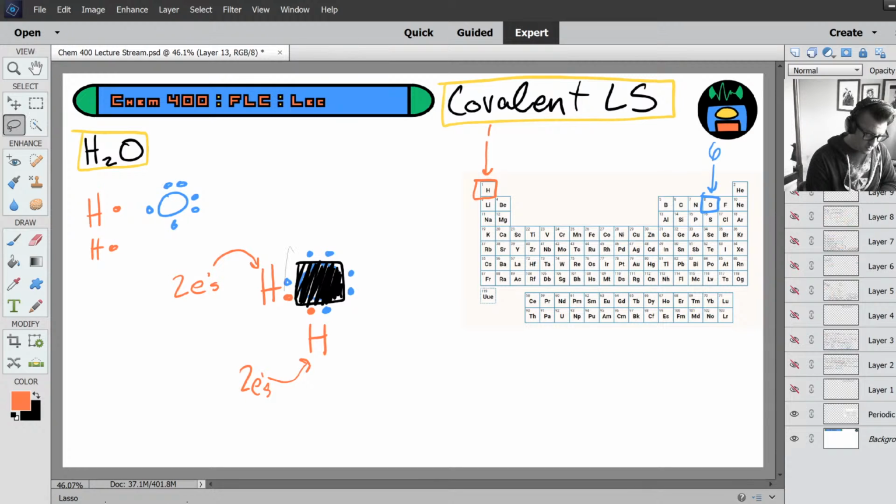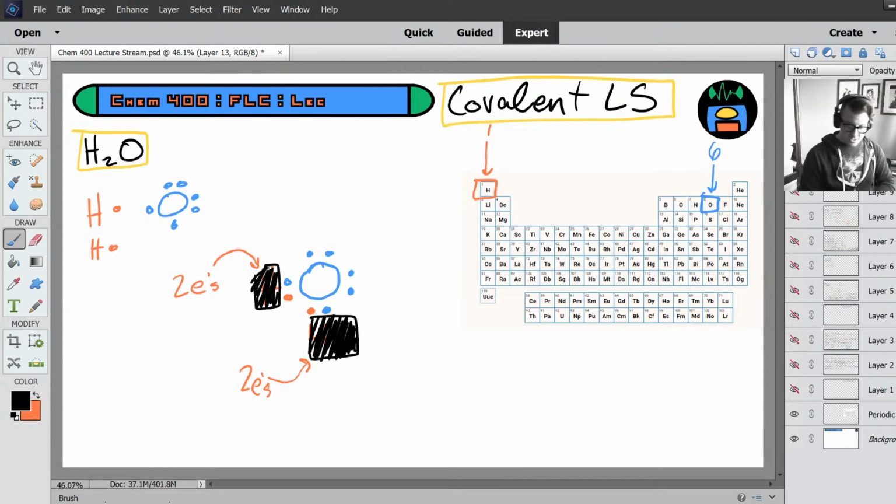But now, when you look at oxygen, oxygen has access to 8 electrons in this structure, which oxygen wants to have access to 8 because that is the same number of valence electrons that neon has.